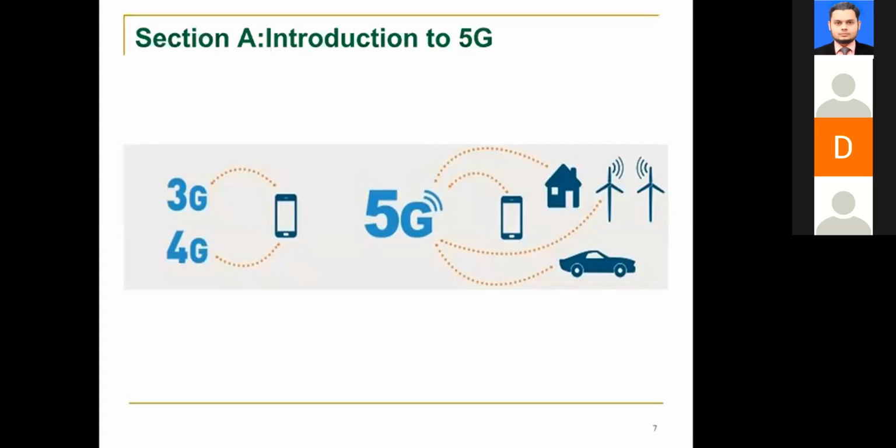A very simplistic way of explaining the difference between 3G, 4G, and 5G: look at the picture. 3G, 4G, and all the previous technologies are for human-to-human communication. And even in 4G, we have limited IoT applications across the world.